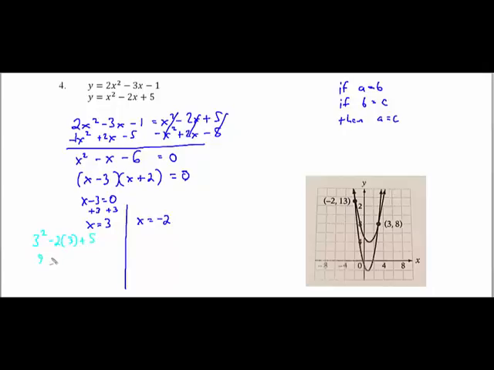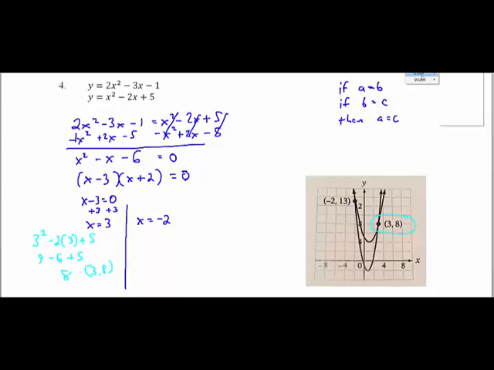That's 9 minus 6 plus 5, which is a total of 8. So my answer is 3, 8, which is this point right here. So 3, 8 is one of my two places where these intersect.